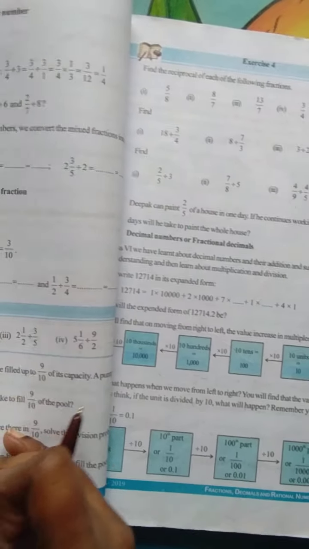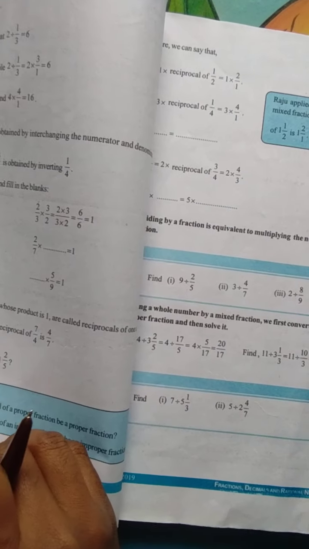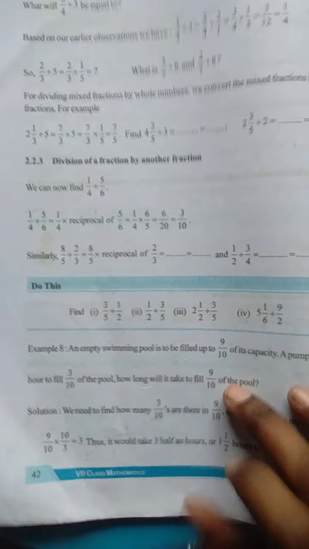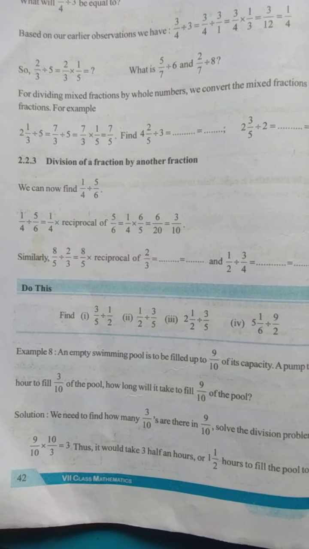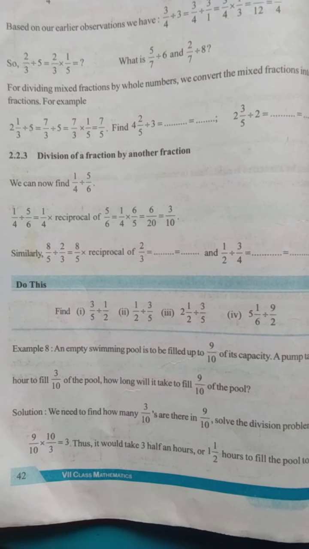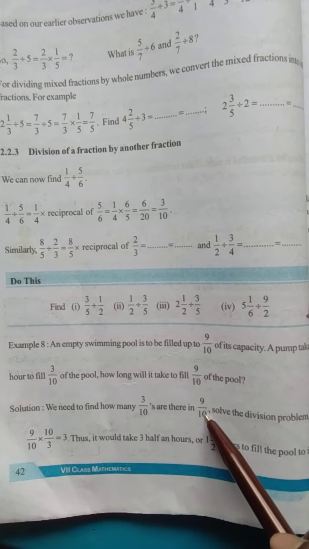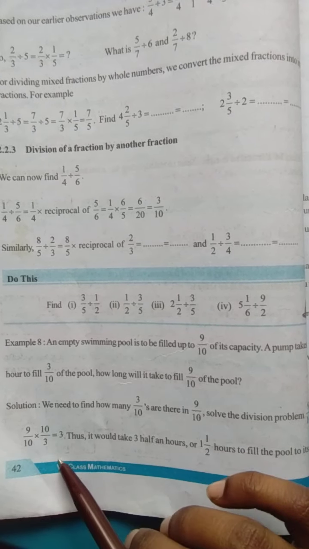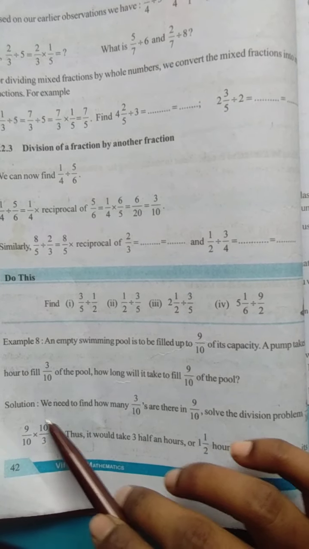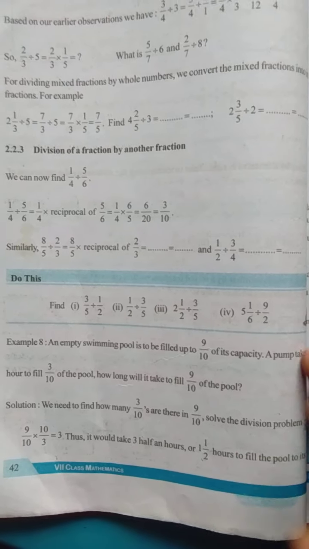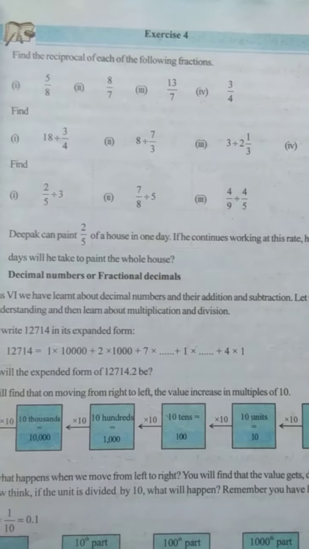After that, see, here one example is there. Just write down that example in your classwork. Here two fractions are given, 3 by 10 and 9 by 10. You just have to multiply with the reciprocal, then you will get the answer. Just go through this example once, and after that start exercise 4.